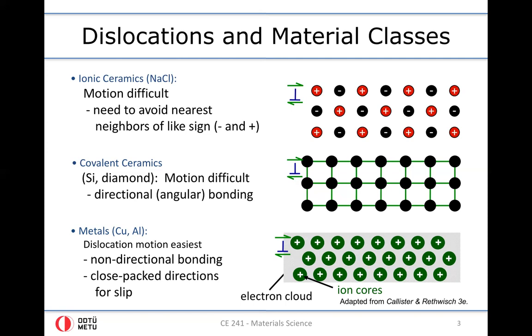In ionically bound ceramics, for example, you have here the picture that you see. When an atom wants to move from one position to another one, in other words, hop a single step, for example, this positively charged ion wants to replace the negatively charged ion, that is going to be also very difficult because in this case, you will be bringing equally charged ions close to each other, and that is an extremely difficult process because it is energetically not favorable.